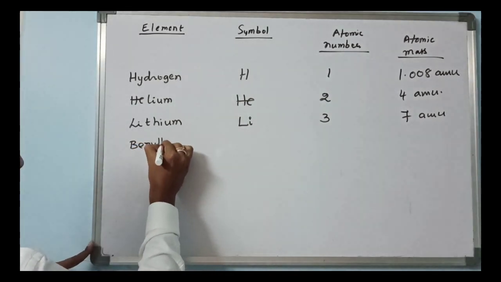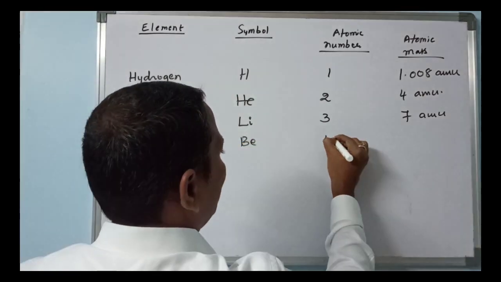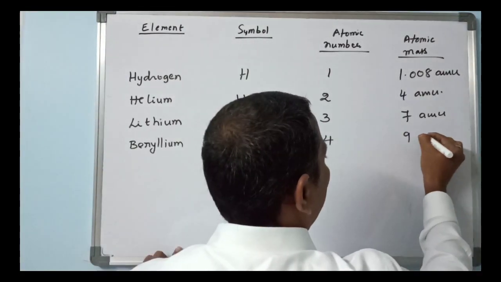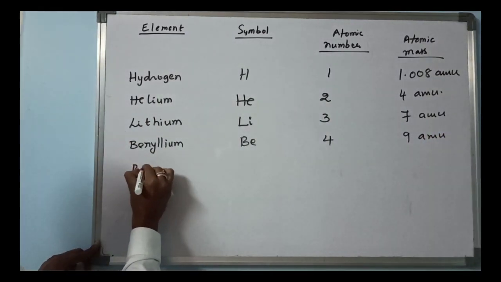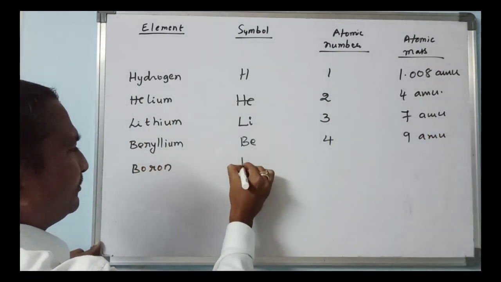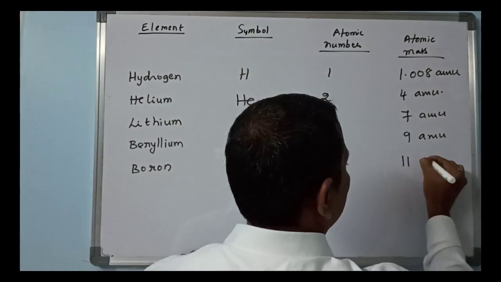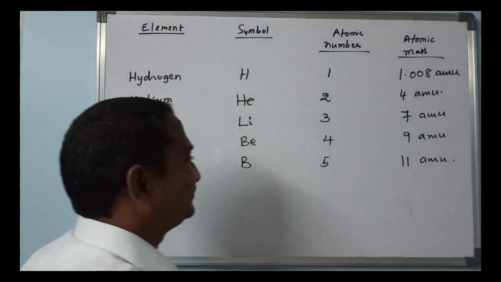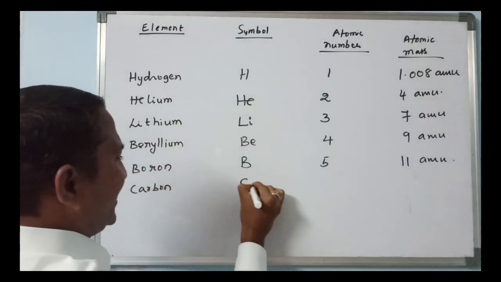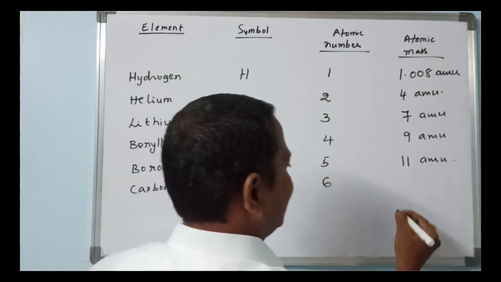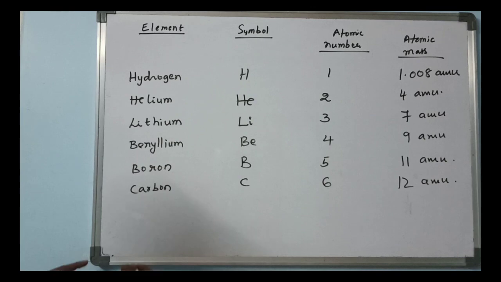Beryllium, Be, atomic number 4, atomic mass 9 AMU. Boron, symbol B, atomic number 5, atomic mass 11 AMU. Carbon, symbol C, atomic number 6, atomic mass 12 AMU.